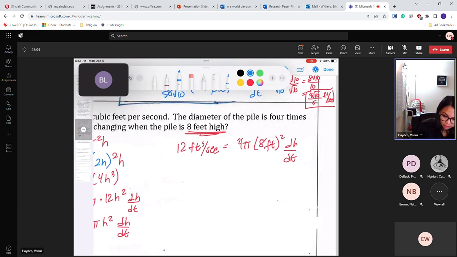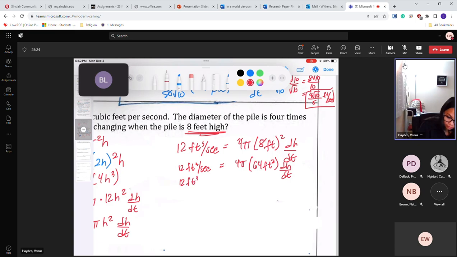So now let's solve it. Let's get your dh/dt by itself. This gives us 12 cubic feet per second is equal to 4 pi times 8 times 8, which is 64 square feet, dh/dt. Now let's move everything to the other side.